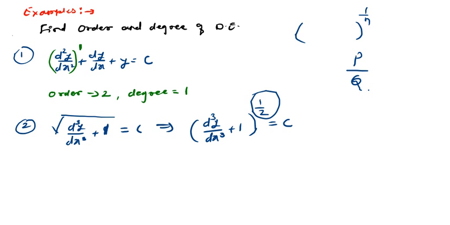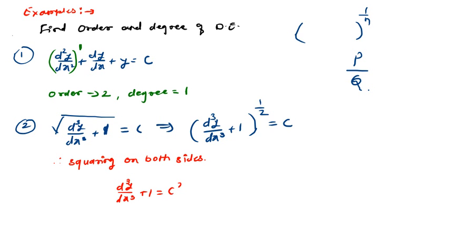To remove that, we will square on both sides. Squaring on both sides, we get d3y by dx cube plus 1 is equal to c square.